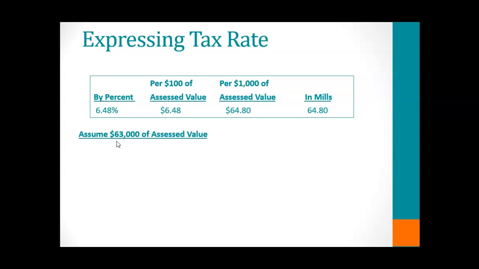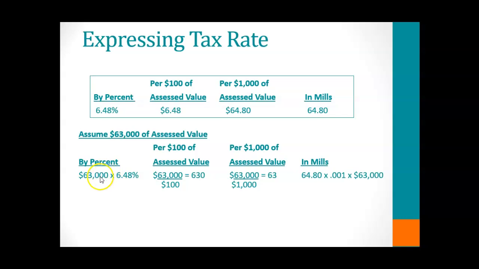If the assessed value is $63,000, we're saying what will be the amount this person will have to pay in personal property taxes. So again, 63,000 times 6.48% would give us $4,082.40.